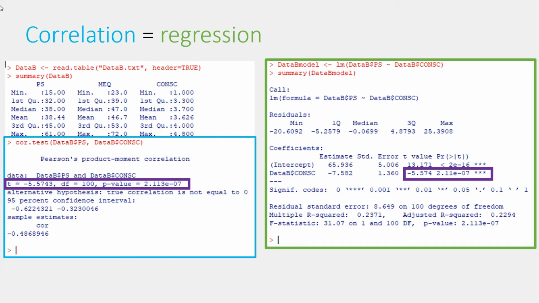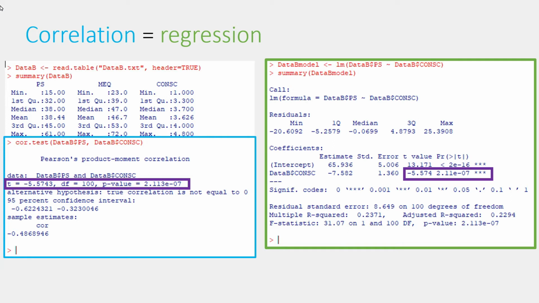We have a highly statistically significant p-value whose t-score is negative 5.5743 with a precise p-value, the probability of obtaining the data in the world where conscientiousness is not associated with procrastination, that is 0.000000211, and I bet the next value is 3, right?